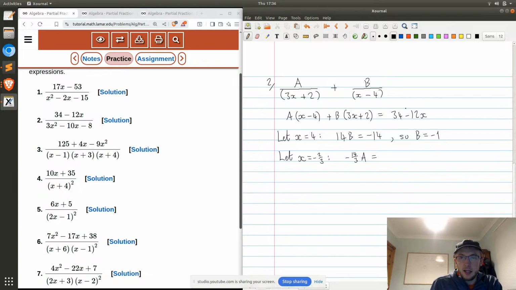And on the right-hand side, 34 minus 12 times minus 2/3. Negative 12 times negative 2/3 is 8. And 34 add 8 is 42.